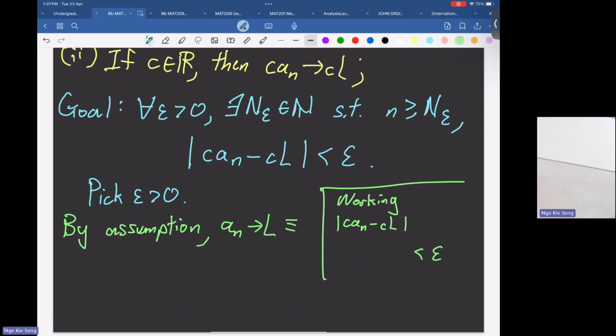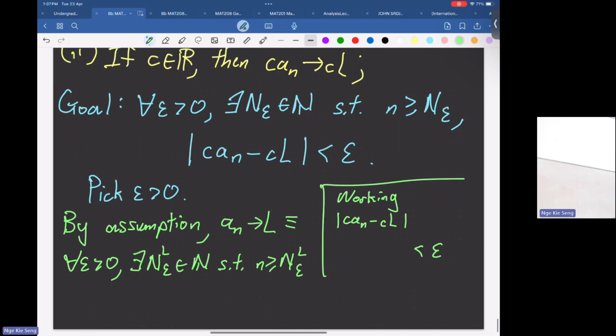For all epsilon greater than 0, there exists an N_epsilon in the naturals such that for all n greater than or equal to N_epsilon, the absolute value of An minus L is less than epsilon.